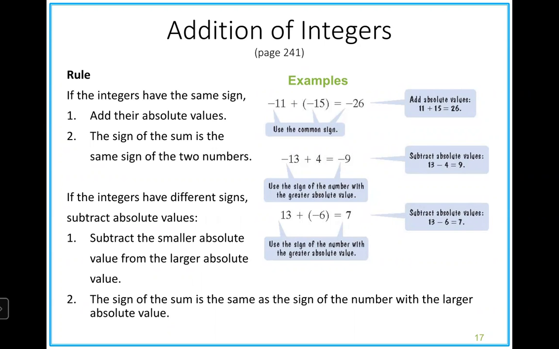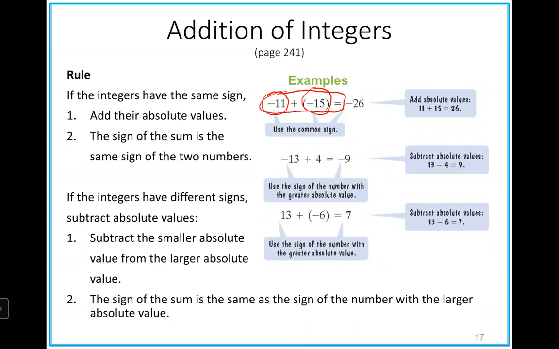And so that's where the absolute value comes in handy. In this example that they give you, you have two numbers to add. The first one is negative 11. The second one is negative 15, and you notice they put the negative 15 in brackets. Both of them have the same sign, so you just add their absolute values, which would be 11 plus 15, in this case 26.